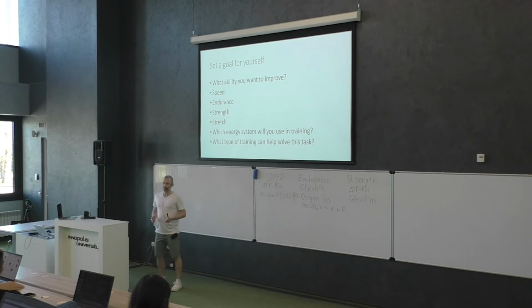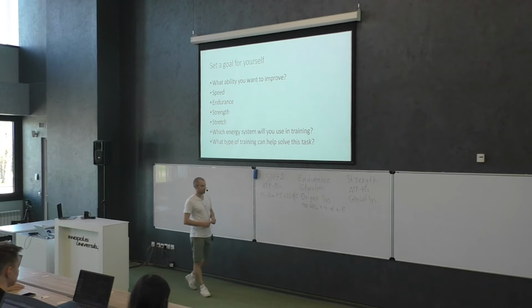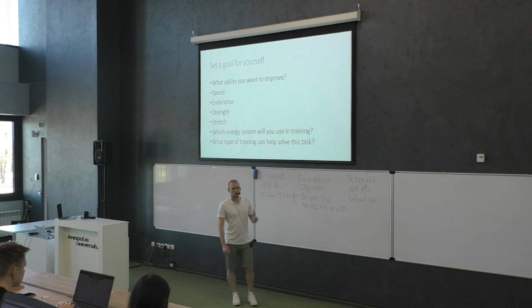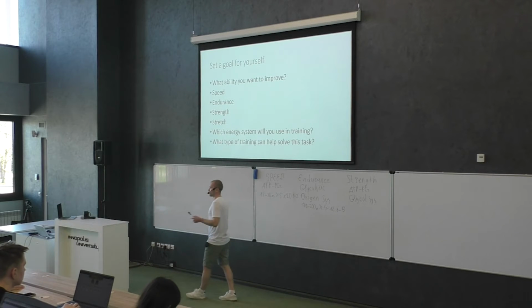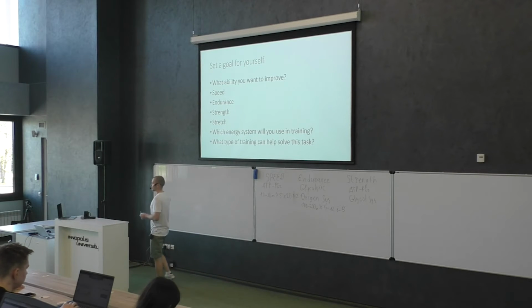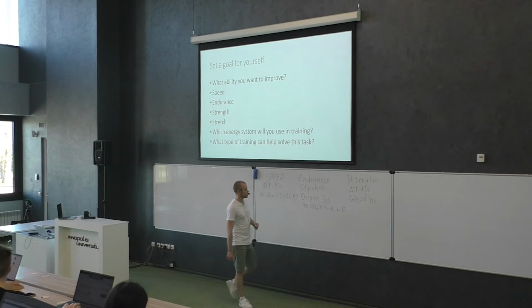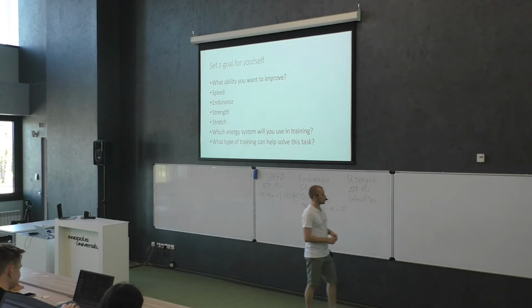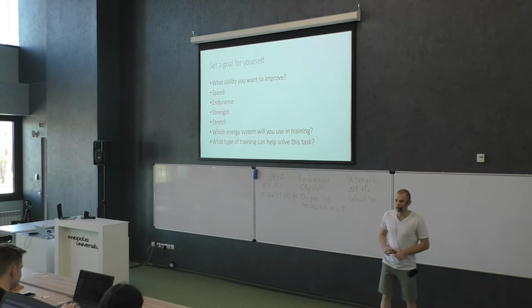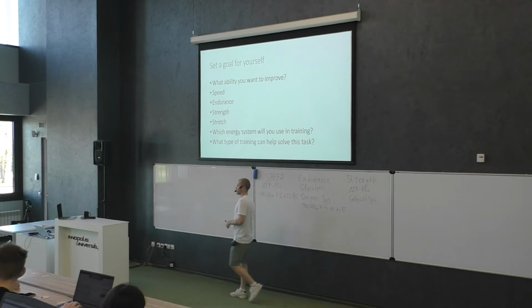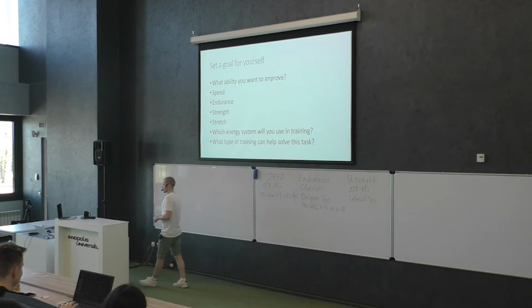This is interval training. When you decide to run 10 kilometers or a marathon or more, 100 kilometers, you need to improve your oxygen system. Your pace should be less than in these exercises.